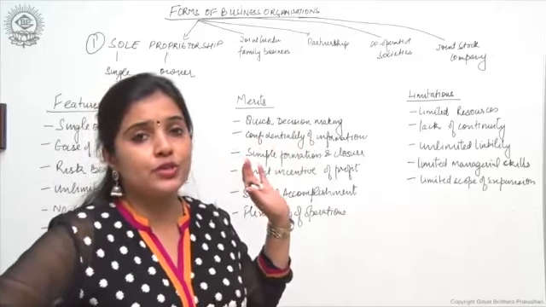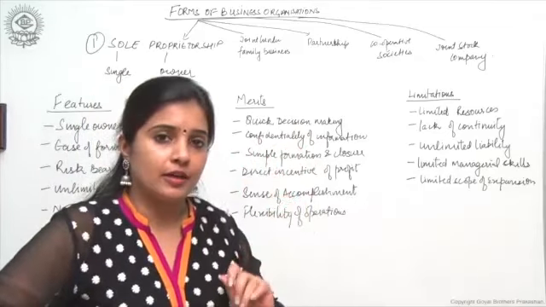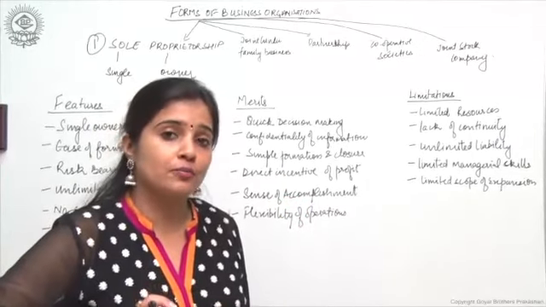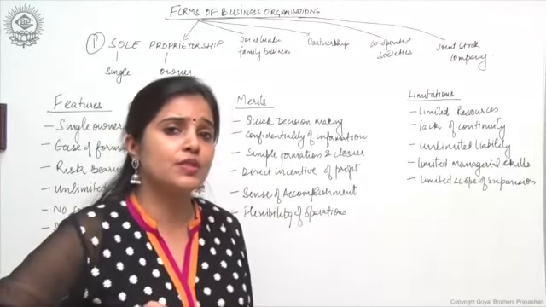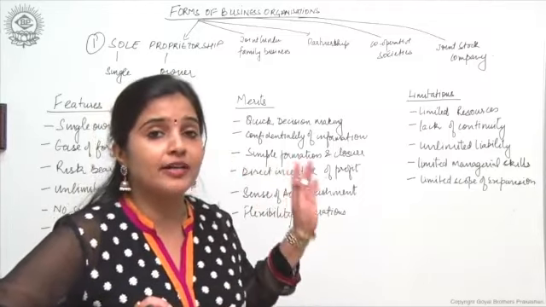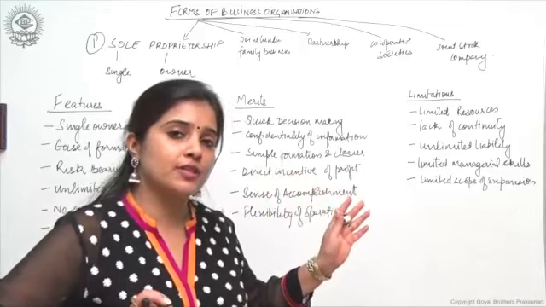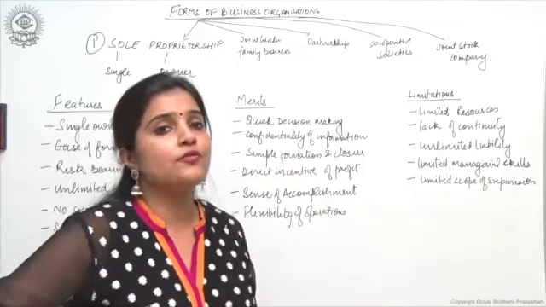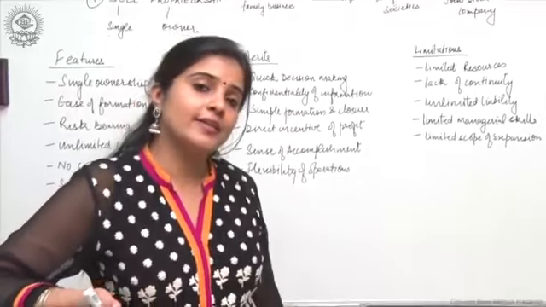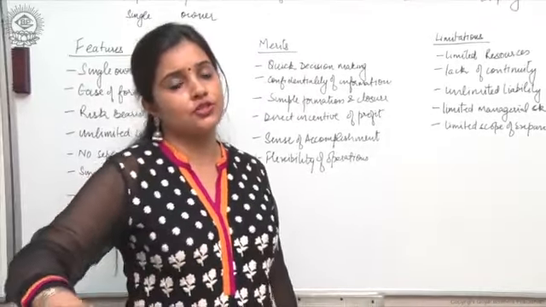Whichever is the best suited will have to be taken up. Let us first understand each form of business organization, and then we'll also do a comparative study of all the forms of business organization, and then I'll let you know the different factors that a business organization has to take into account while deciding which form of business organization it should go in for, right?